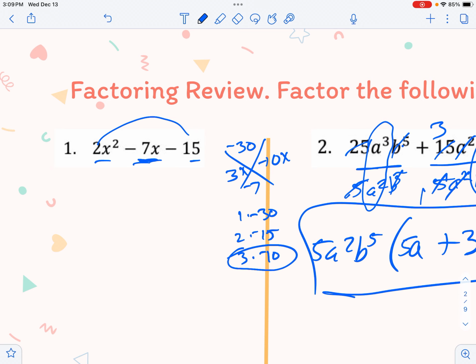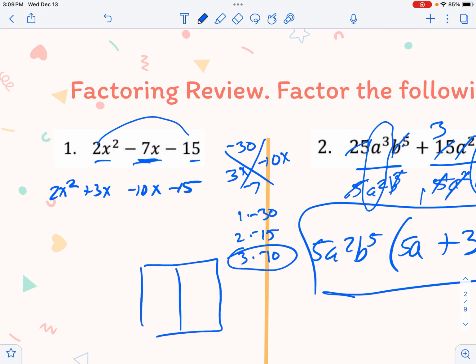Now, from here, you're probably going to do box method or grouping. I usually do grouping. 2x squared plus 3x minus 10x minus 15. If you're doing the box method, it's the same thing, just a little differently organized. Take your first term, 2x squared, and your last term, negative 15. They go kitty corner from each other.